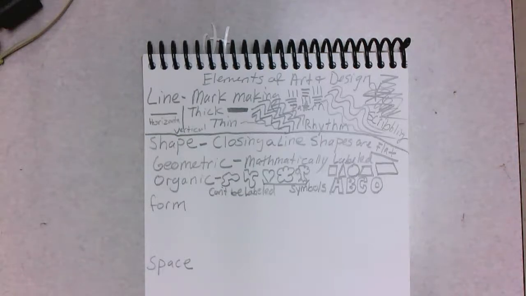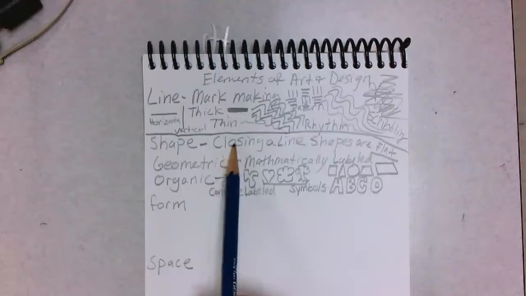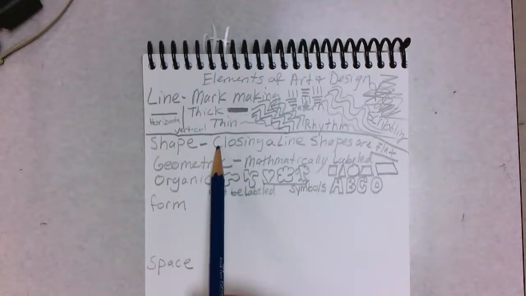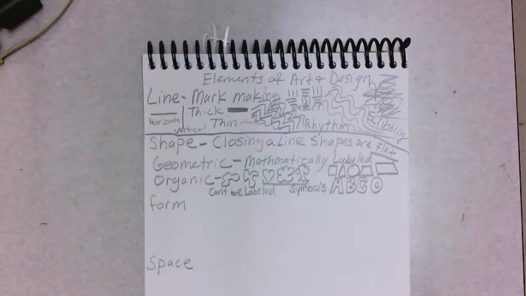Now, if it's just a single line, like all the other writing that we have here, those aren't shapes. They may be creating a closing where a shape shows up, but the L is a line, the C is a line. So when you guys were little, beyond scribbling, starting to control that line, right? You started to do what with that line?